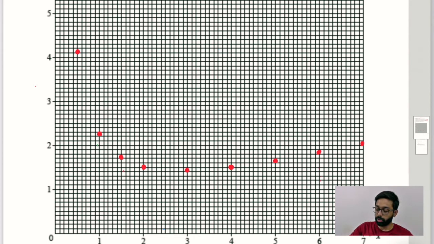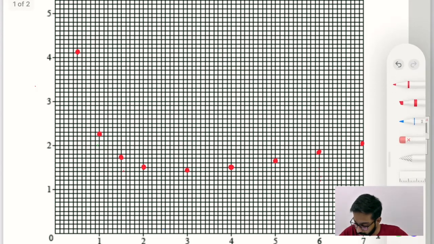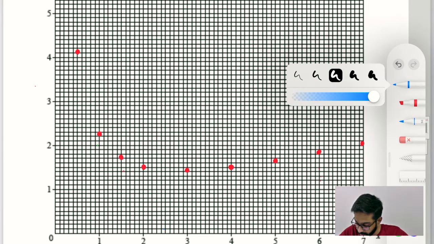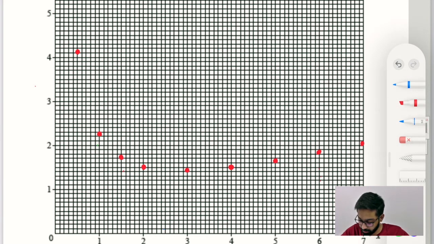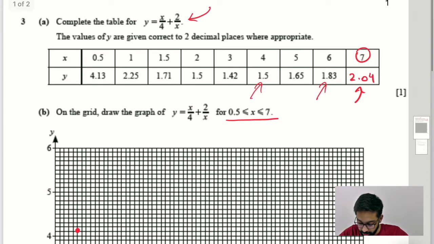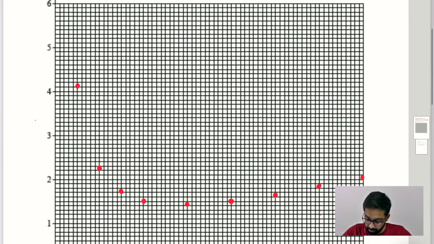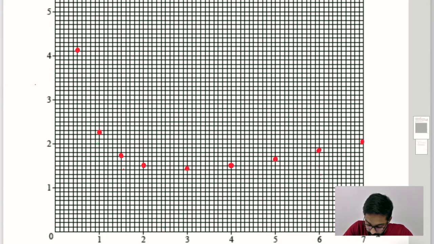Okay, I hope all the coordinates are visible, and now we have to draw the line of best fit. Let's draw that line in blue, and let's make it broader so that you are able to see it. For all these coordinates, let's connect these points. Okay, it's going to be difficult. So start from this point and we go all the way till this point.